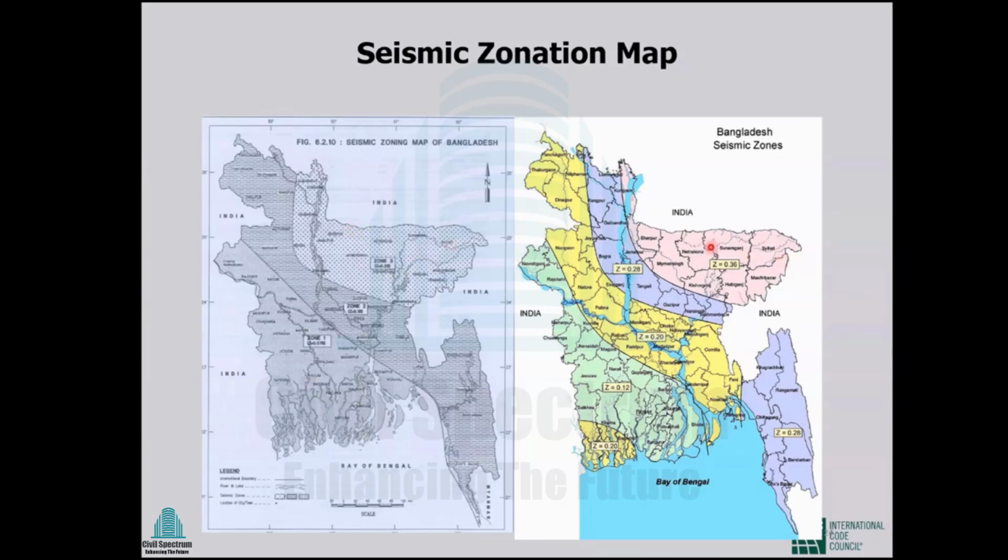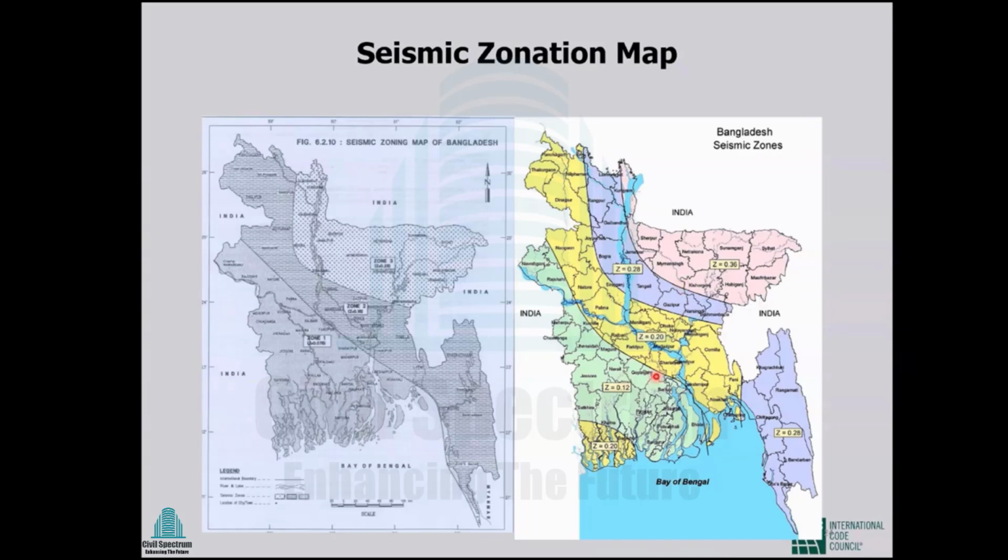This is because the subsequent calculations are different. The formula that we use with this zonation map is different from the formula that we used with the previous zonation map. So there is a difference. Secondly, the probability of earthquake that was considered in the previous version was different from this version.